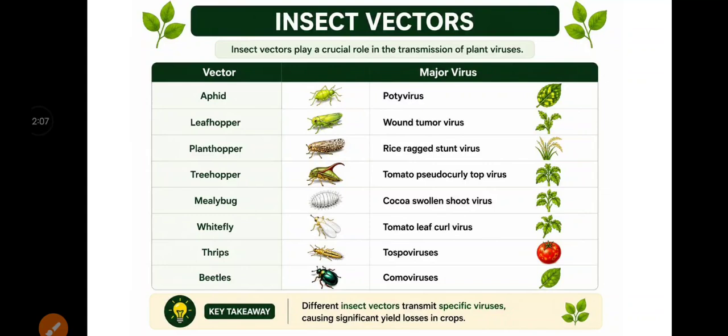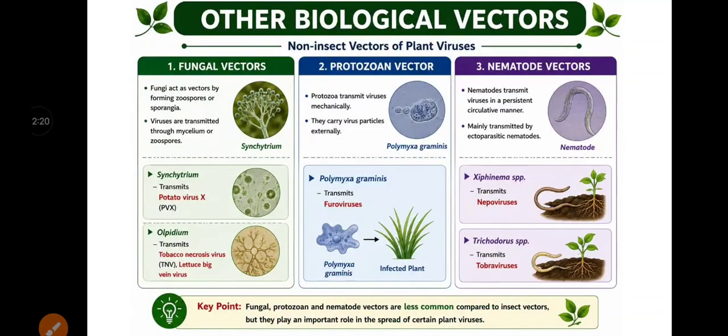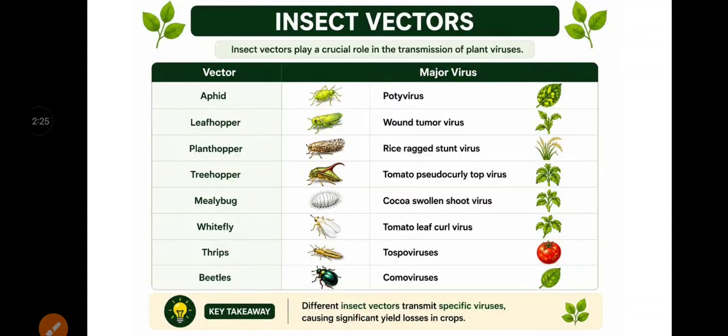It means how virus is transmitted by aphid, mealybug, whitefly, they are transmitting the virus in different ways. Each mechanism we will discuss one by one. Even the fungus and protozoan also we will discuss one by one. Here we will just read out the examples.